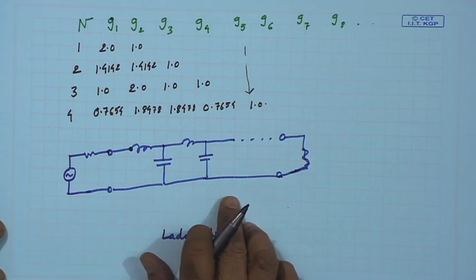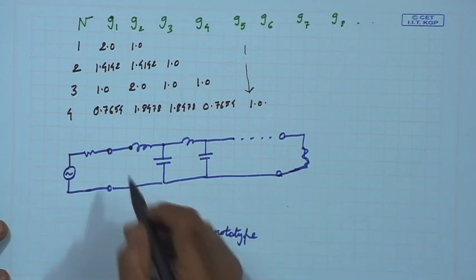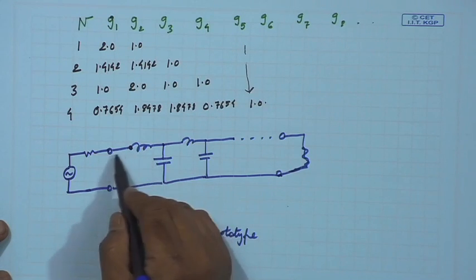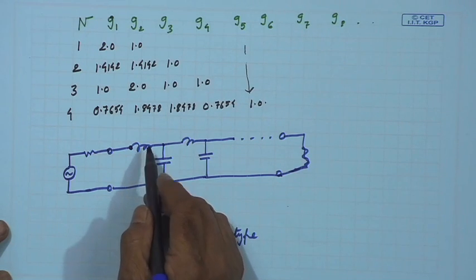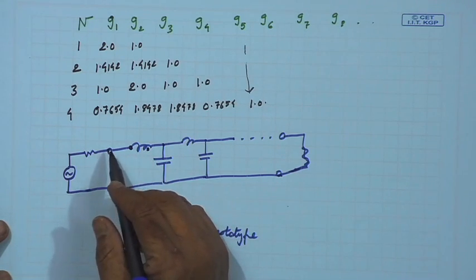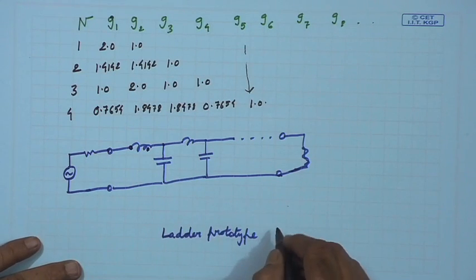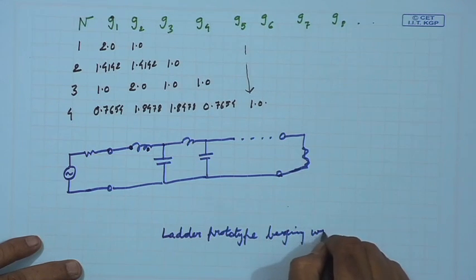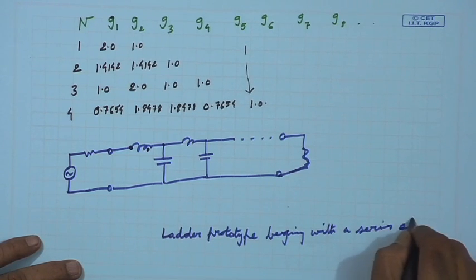What I designed is called a ladder prototype. Now, there are two varieties. In the first one I can have a series inductance, or I can have a shunt capacitance. If I have a series inductance, this is called a ladder prototype beginning with a series element.